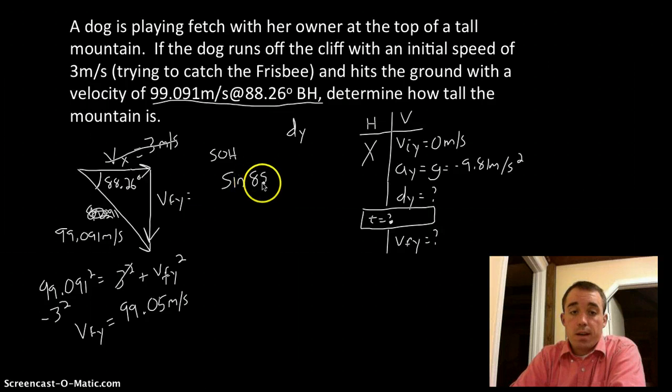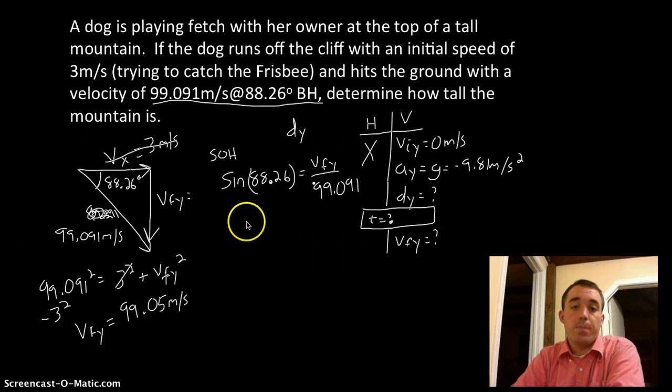So you plug into your calculator: sine of 88.26 equals our VFY over our hypotenuse, 99.091. We multiply both sides by 99.091 to get rid of the division.